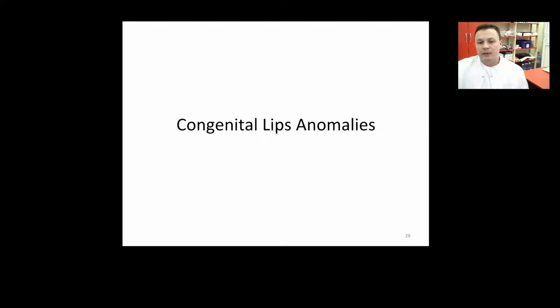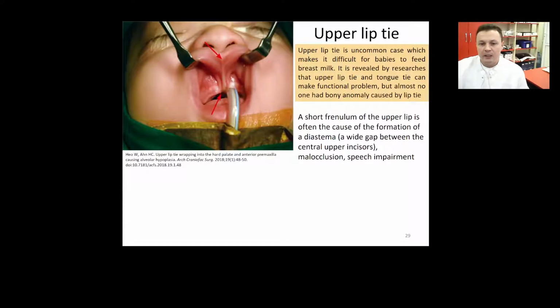Congenital lip abnormalities. Upper lip tie is an uncommon case which makes it difficult for babies to feed on breast milk. Researchers revealed that upper lip tie and tongue tie can cause a functional problem, but almost no one had bony abnormality caused by lip tie.